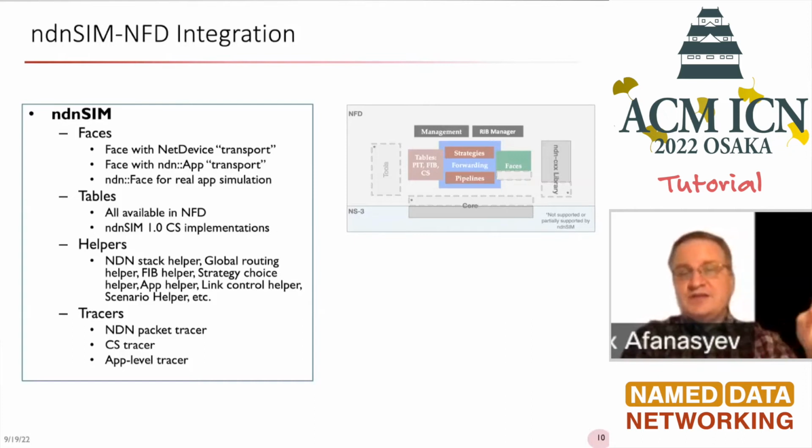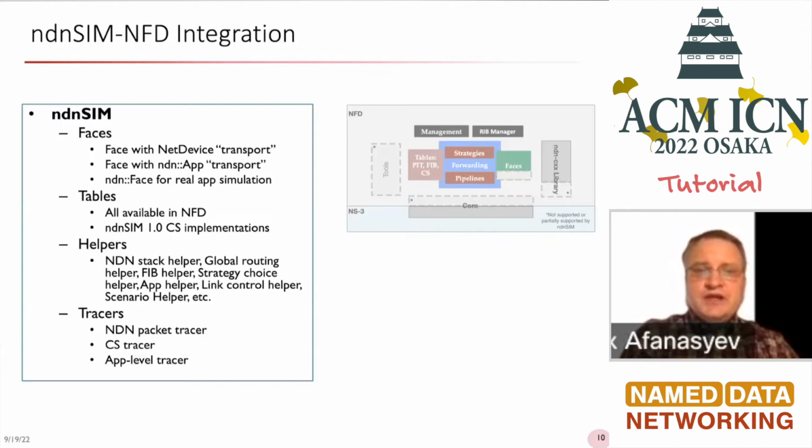And there is actually yet another helper to create instances of applications that rely on this NDN face abstraction. I will talk about that in more detail when I go to the actual code and show how things are working.